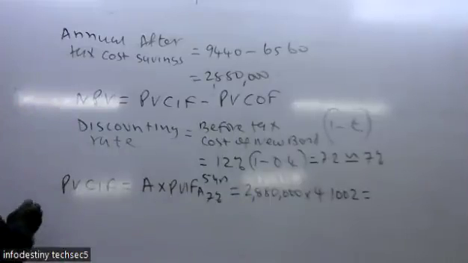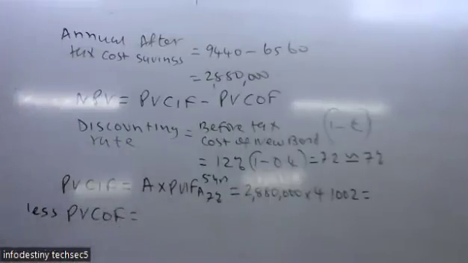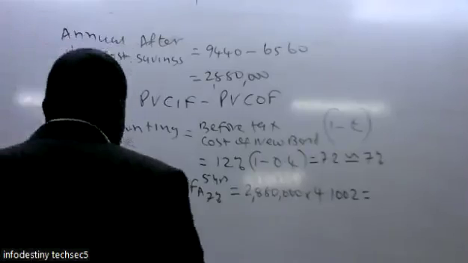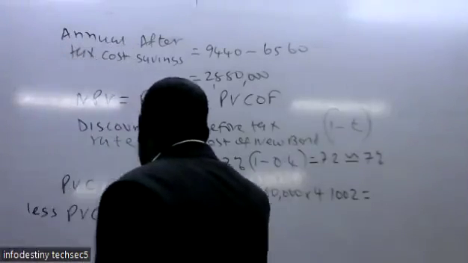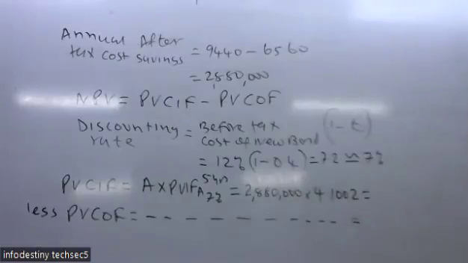Then now we less the present value for the cash outflows. This is what you got in Roman letter 1.